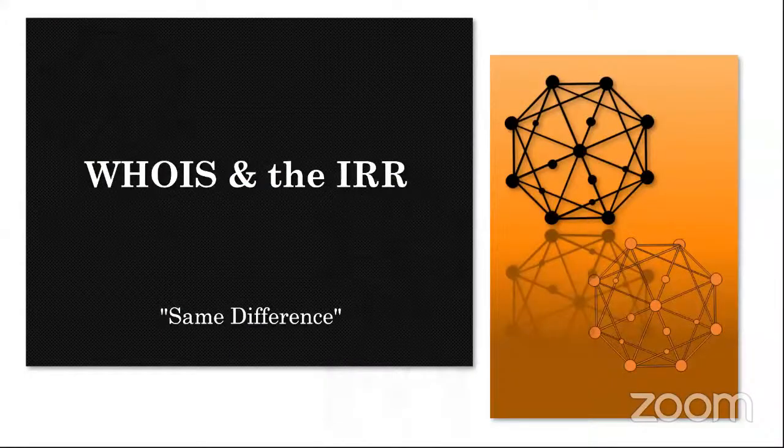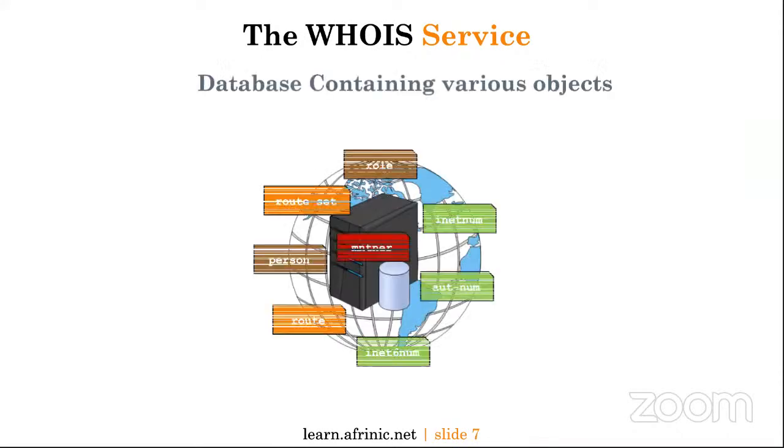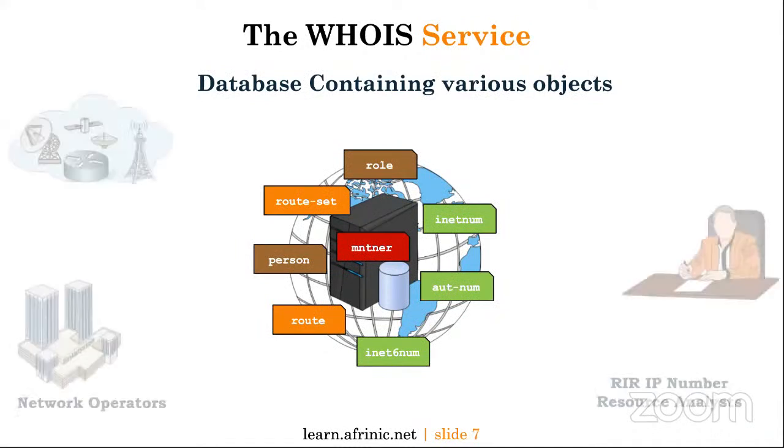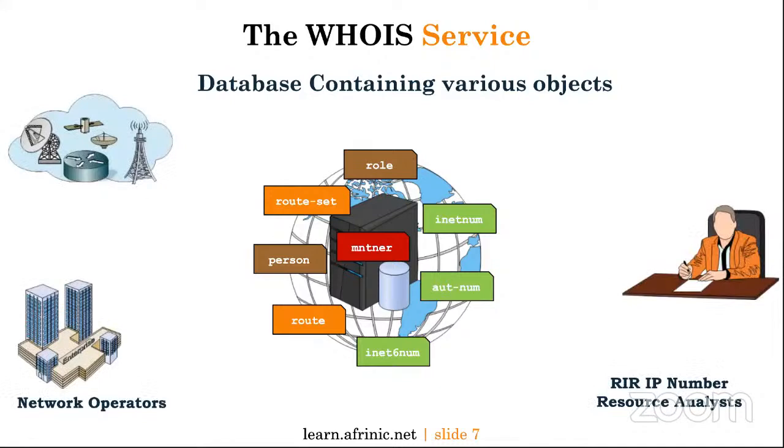So, the Whois and the IRR. As you see here, we say it's the same difference. Basically, there's very little difference between the Whois and the IRR. So what is the Whois service? It's basically a database containing various objects, from your maintainer to your role, inetnum, different kinds of objects. And you have different parties that interact with it. I'm sure most of you maintain your own networks, you run your own networks.